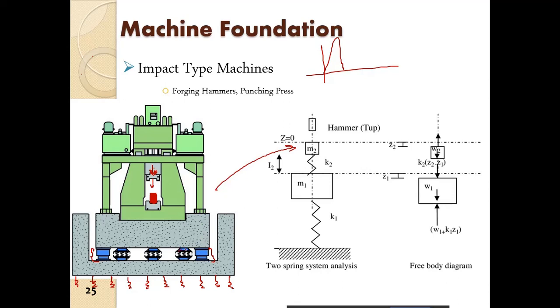On top of this spring, we have this mass. This is the absorbing layer. Maybe there is an elastic pad or some system, so it is the absorbing layer. Then at the bottom we have the foundation.